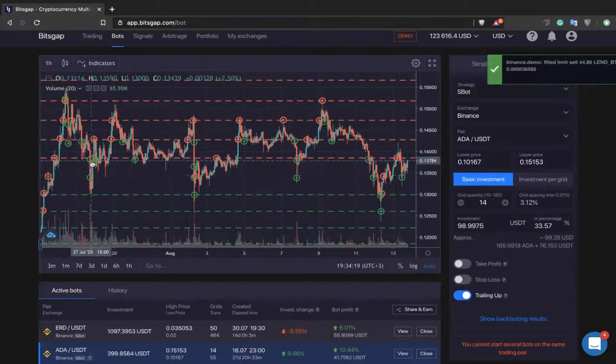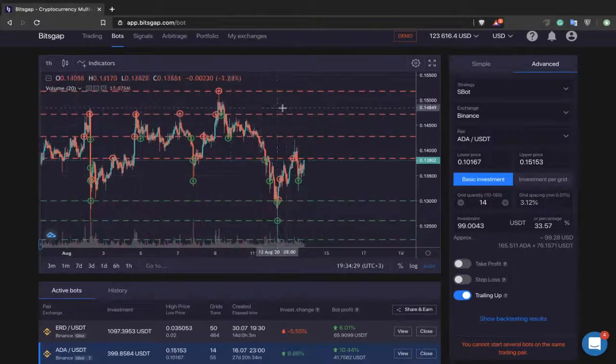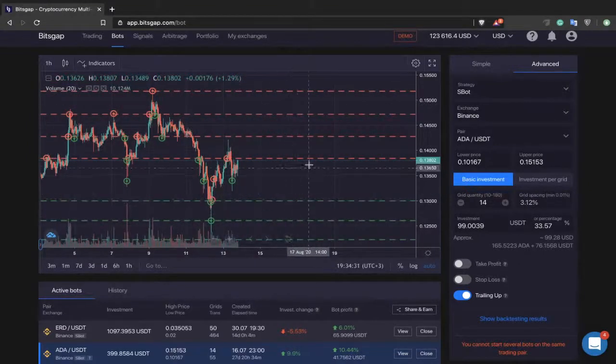Green circles represent buy orders, and red circles represent sell orders. All of the active orders are displayed as these lines. As soon as the price reaches this sell order, it will sell a portion of the base currency, and then later place a new buy limit order somewhere over here.